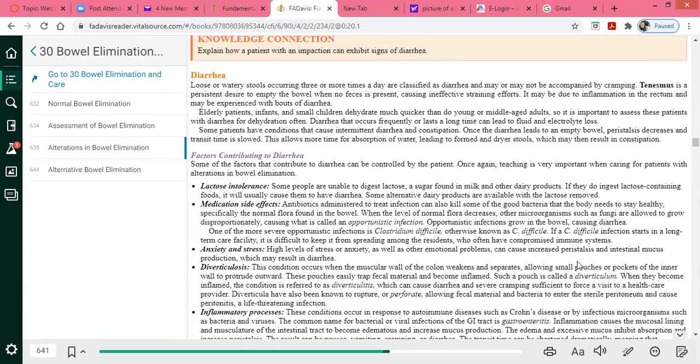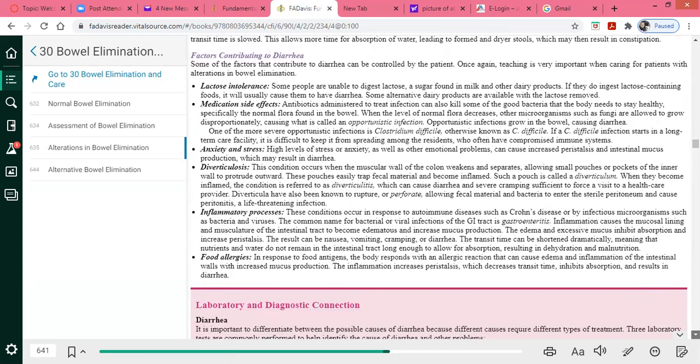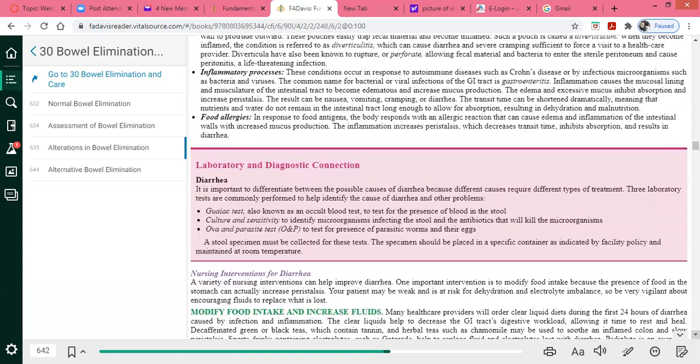It talks about nursing interventions for the patient with diarrhea. It's important to know what some things are that a patient with diarrhea is at risk for. What can you think of that a patient with diarrhea would be at risk for?